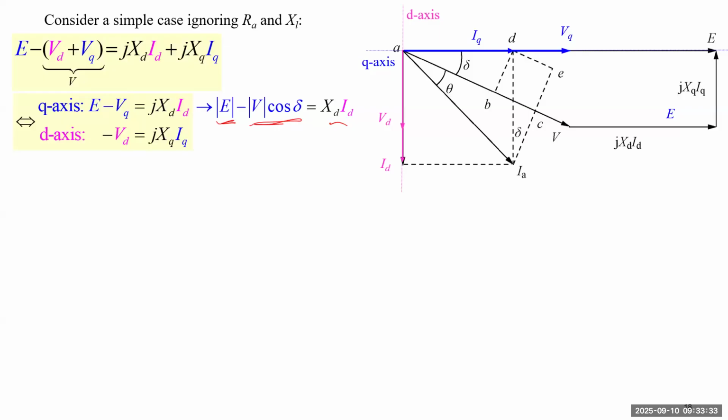So this equation tells us that the RMS value of E minus the voltage multiplied by cosine delta, which is exactly VQ, leaves the remaining part, which is this voltage drop, equal to this component. That's what this first equation tells.